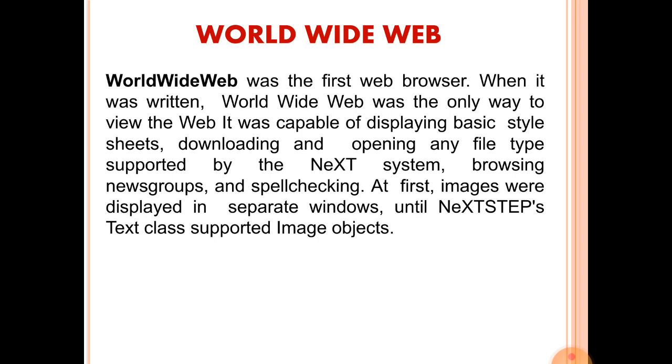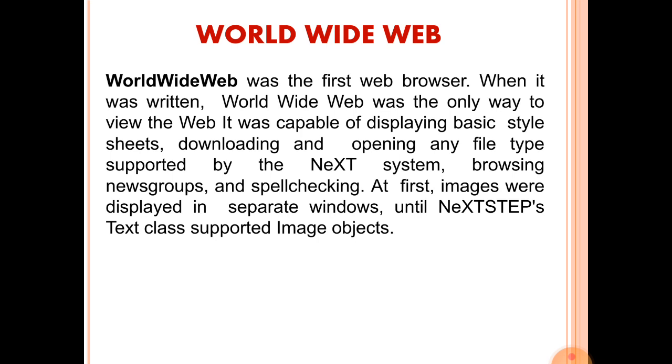If a user wanted to open any web page or website, they first used World Wide Web. It was the only way. The World Wide Web browser was capable of displaying a basic style sheet, downloading and opening any file type supported by the NeXT system, browsing news groups, and spell checking. At first, images were displayed in a separate window.